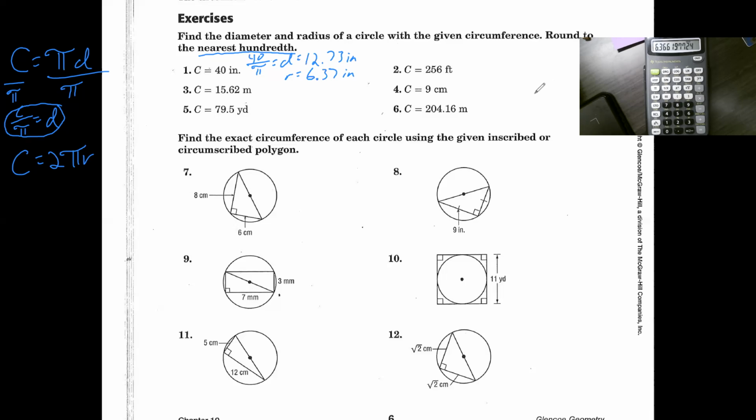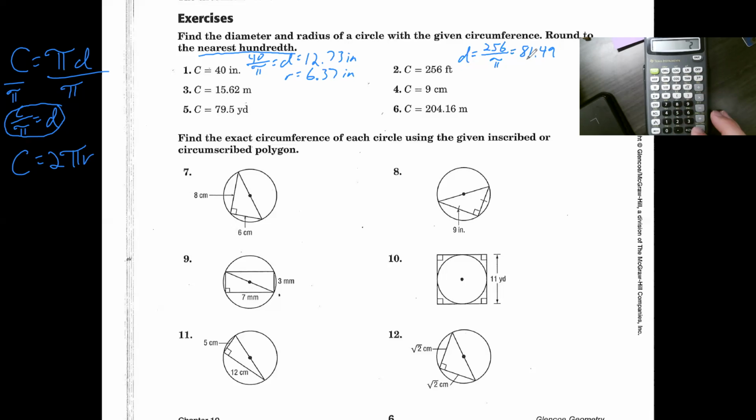All right, we're going to show the same thing again for number 2. So again, to get the diameter, we're doing the circumference that was given to us, the 256 divided by pi. I'm just typing that into my calculator. 256 divided by pi equals, and it gives me 81.49 when rounded. Now, oh, sorry, we have to do the radius.